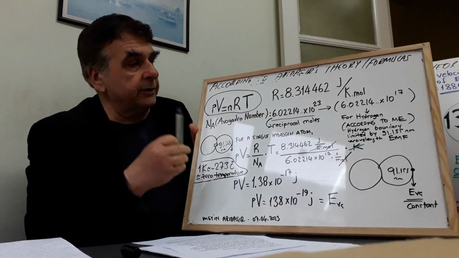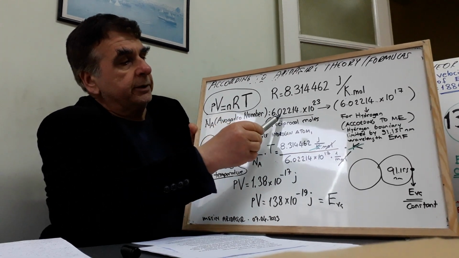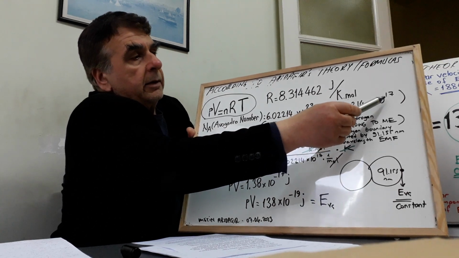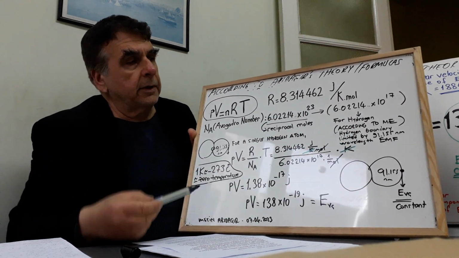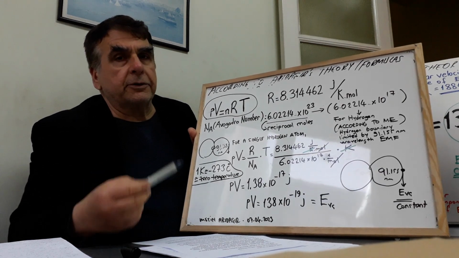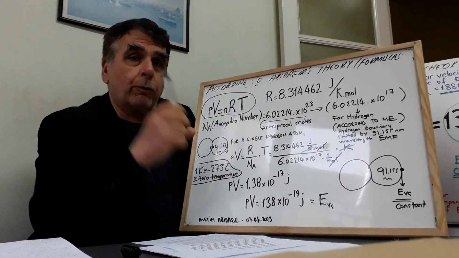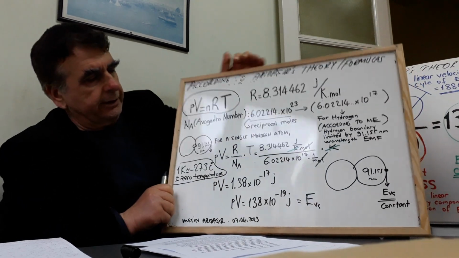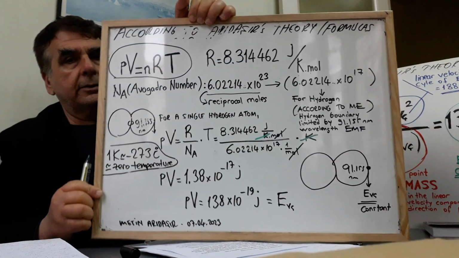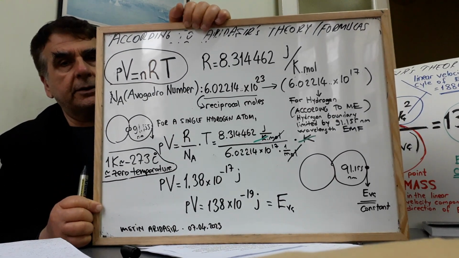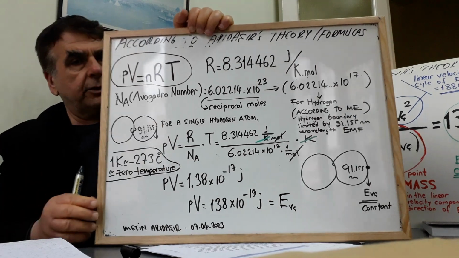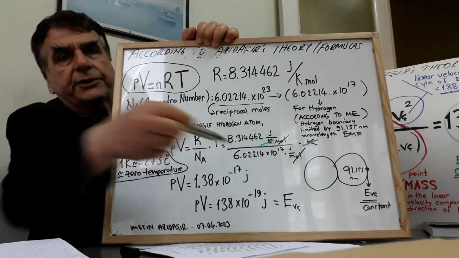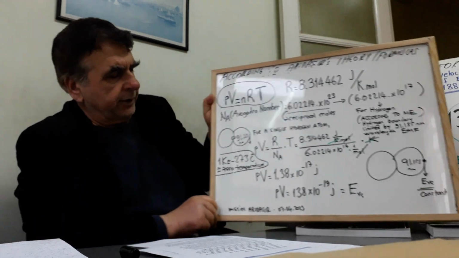For a single hydrogen atom, not 6.02 10 to the 17 number of hydrogen atoms. For a single hydrogen atom, this is the equality. If you notice my accounting, my computing, you deduce the same results.